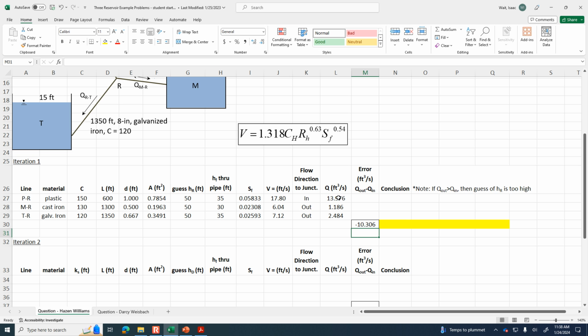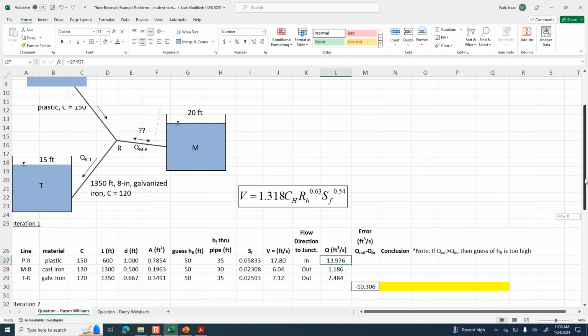Okay, and then our little thing here is saying if the out is bigger than the in, then the guess of the head at R is too high. Is that true? Is the outflow bigger than the inflow? No, actually it's the reverse of that. There's way too much flow coming in and too little flow going out.